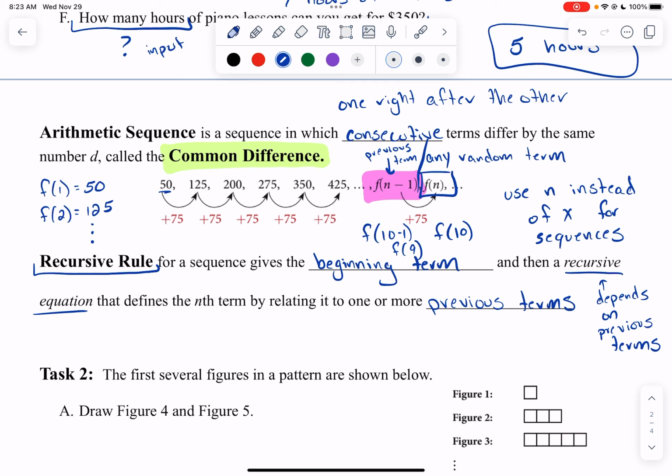So I'm going to write a recursive rule for the sequence that we did here. This recursive rule needs to give you the first term or the first couple terms. So I would say f of 1, my first term, is 50.